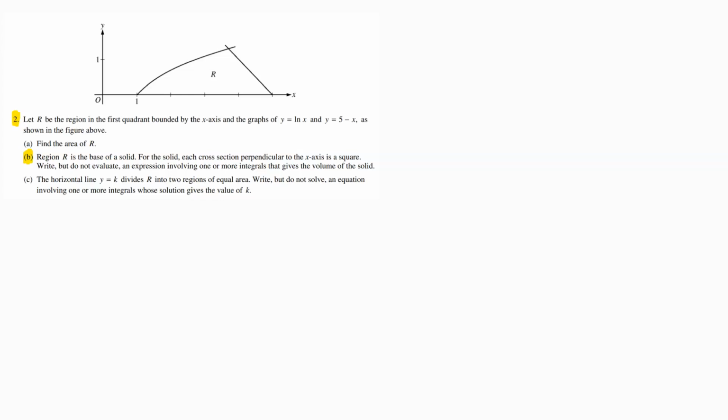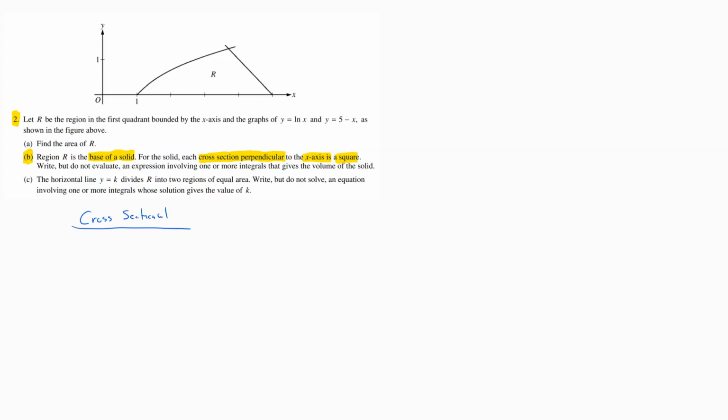Alright, so part B here tells us that we've got this region R that's the base of a solid. And for the solid, each cross-section perpendicular to the x-axis is a square. So what we're looking at is the cross-sectional area setup for finding volumes.